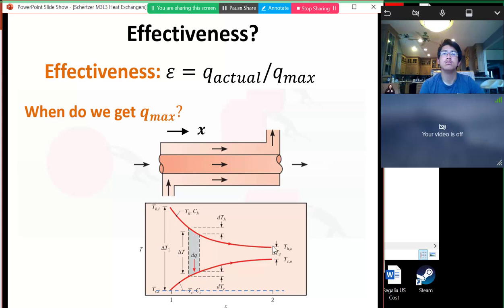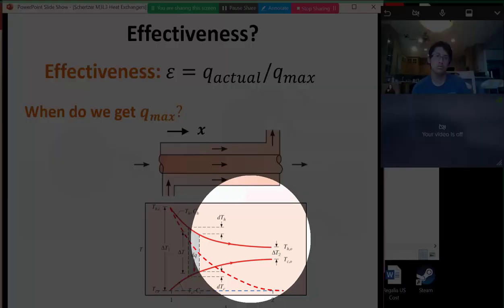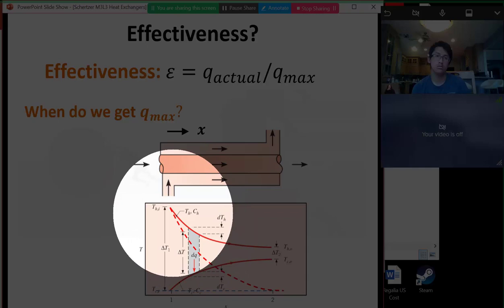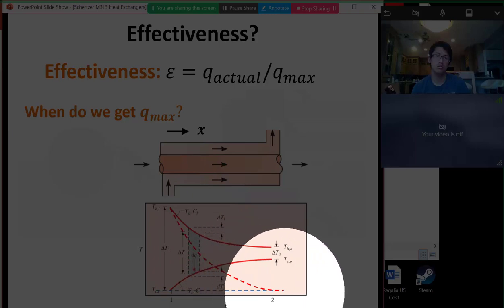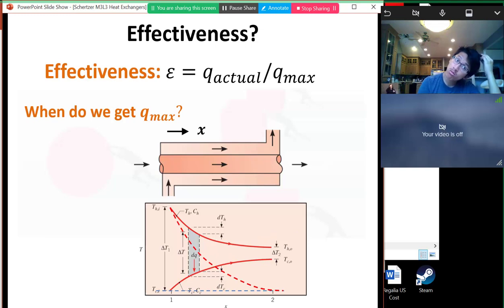The flow is either moving fast enough or its specific heat is so high it can absorb so much energy before the temperature goes up that its temperature doesn't change. It's almost like a reservoir. Then what would happen in the ideal case, right? Our hot temperature, which we can see in this dashed line, would go all the way from the hot temperature. And if we transferred the most possible heat we could, then that hot side temperature would end up equaling the cold side temperature at the outlet.